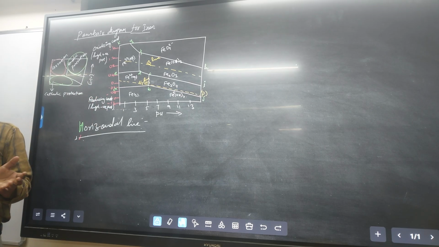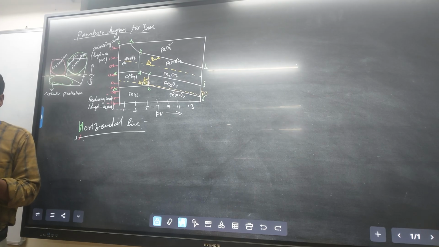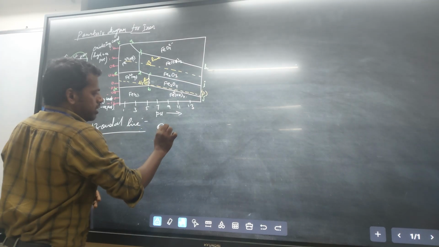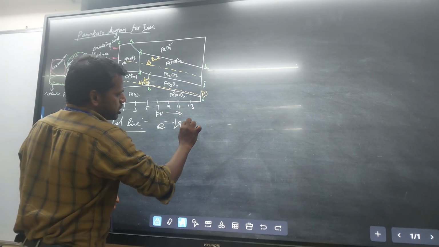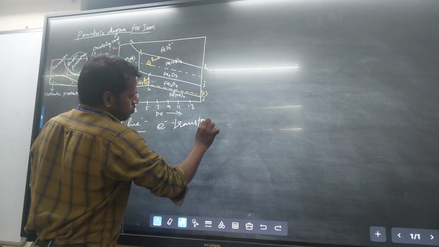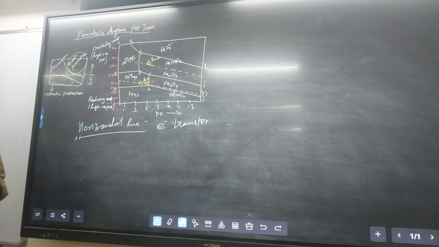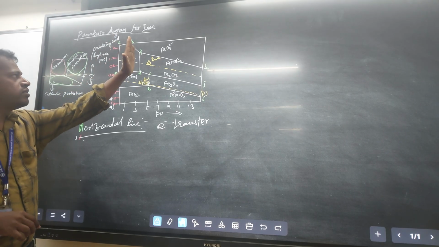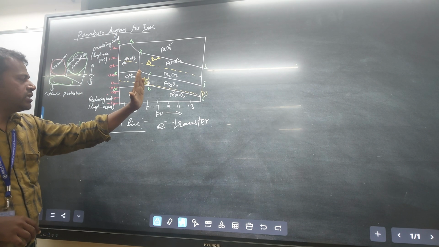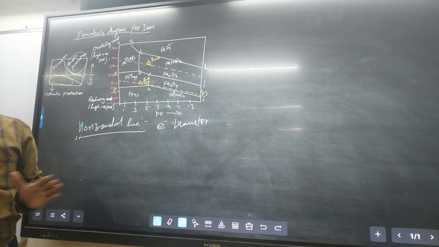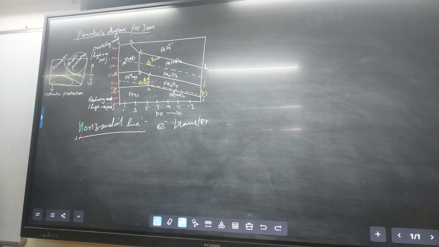So the horizontal line explains the electron transfer reaction. And what does a vertical line explain? This one, TF and CB. That is proton transfer. The vertical line explains proton transfer.